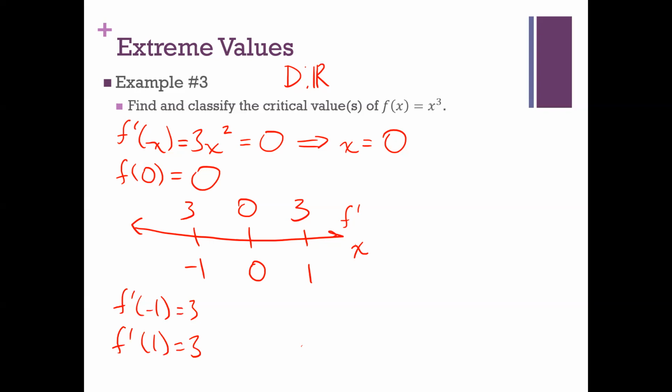The derivative is 3x squared, right? If there was another place where that was equal to 0, our equation would have found it, right? So I know for a fact that the only place where the derivative is equal to 0 is at x equals 0. The derivative is positive everywhere where the derivative is not equal to 0.